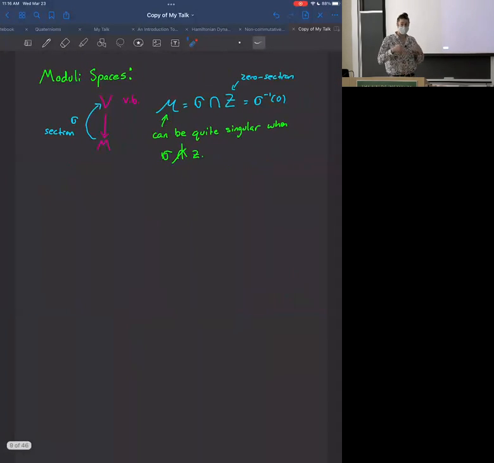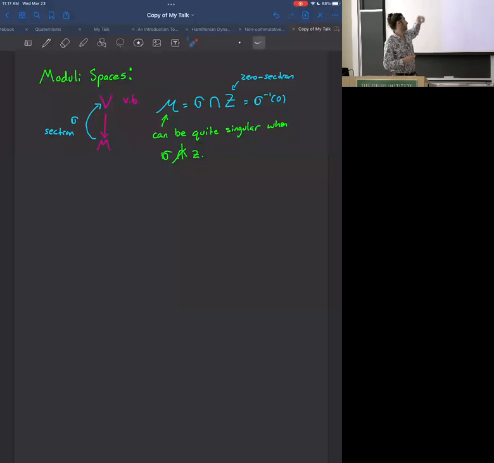So lack of transversality causes some issues. One way to construct many moduli spaces is to consider the zero sets of a section of a vector bundle. This can be very singular when it doesn't meet the zero section transversely.